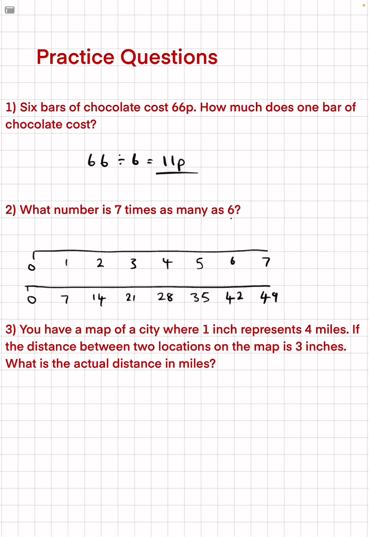And now we can find 6 on the number line, which is over here, and we can draw a line down, and the number we land on is the answer. So the number that's 7 times as many as 6 is 42.